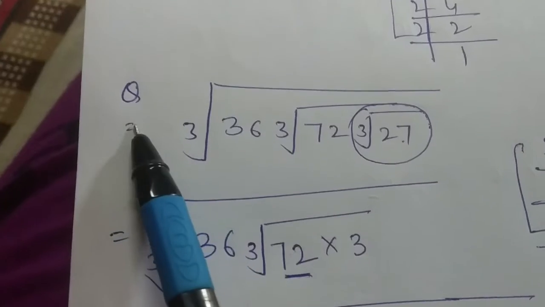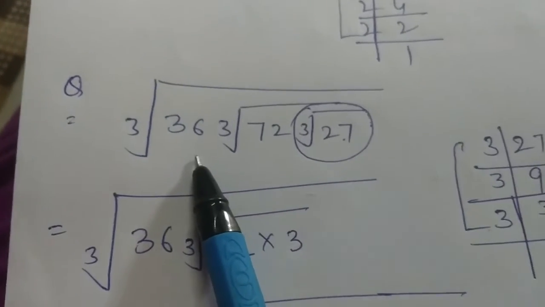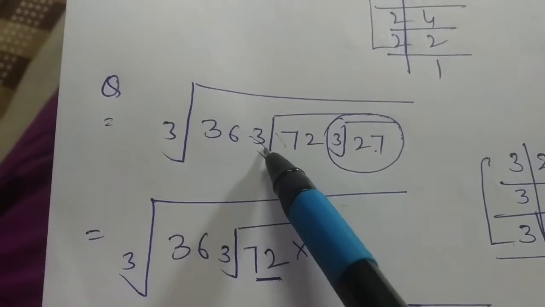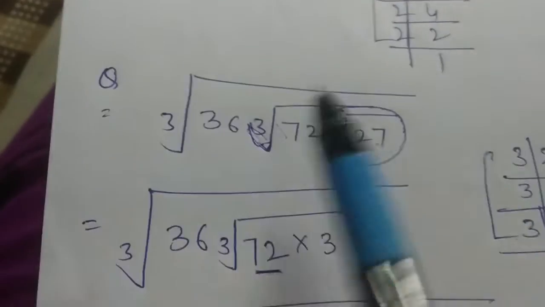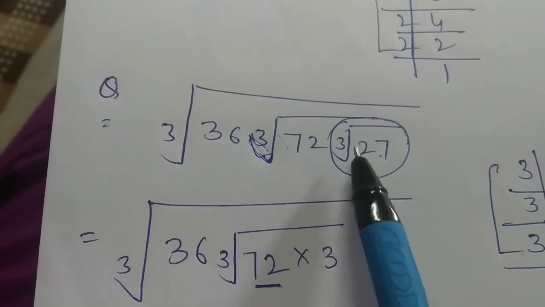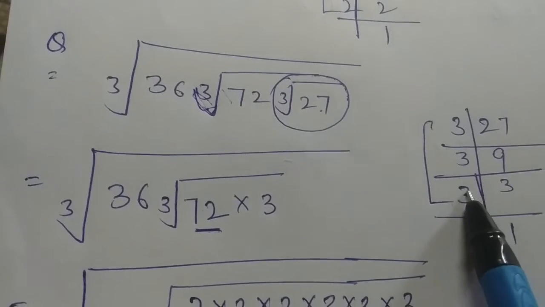And in the same way, next question. We have already solved this type of question, but some students were having problems. This is the sign of cube root. Cube root of 36, then cube root of 72, cube root of 27. Prime factors of 27.